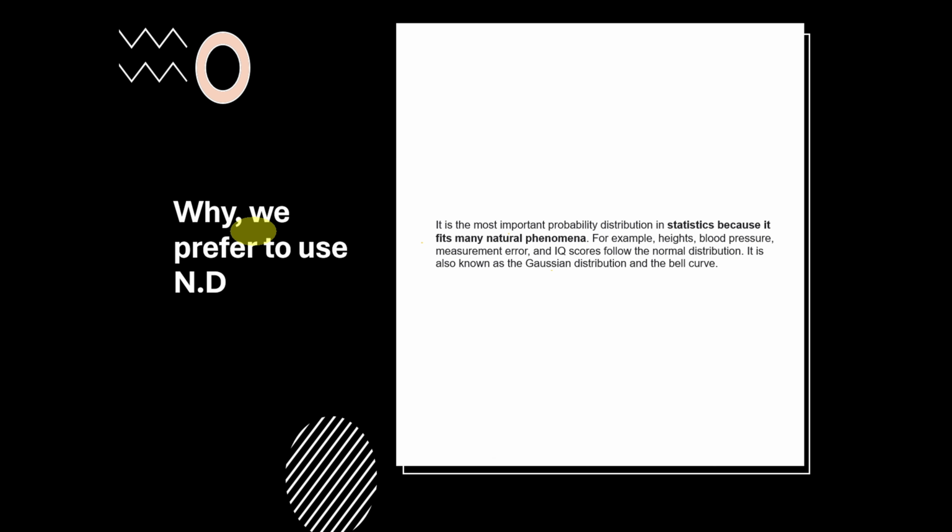Now let's understand why we prefer to use normal distribution. It is the most important probability distribution in statistics because it fits many natural phenomena. For example, height, blood pressure, measurement error, and IQ score follow the normal distribution. It is also known as the Gaussian distribution and the bell curve.